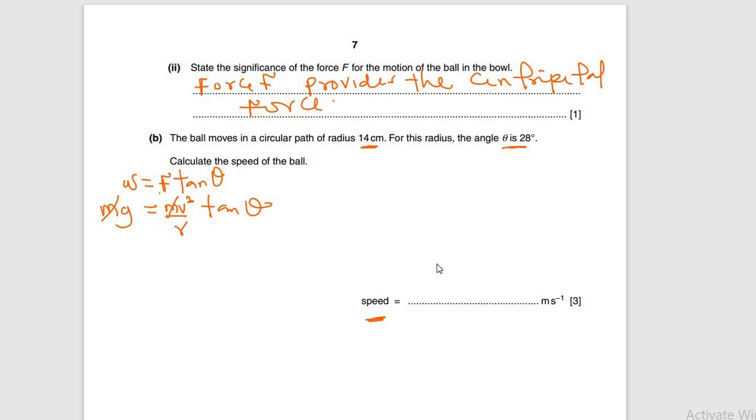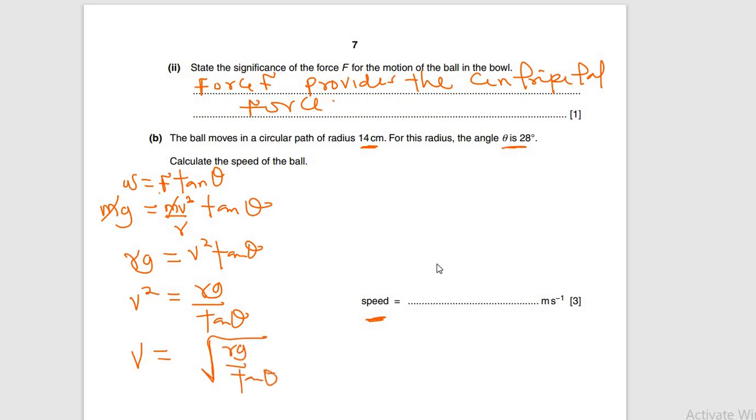So from here, I can have rg, and I cross multiply: v squared tan theta. So v squared is rg over tan theta. So v is the square root of rg over tan theta. So I can get the speed now.